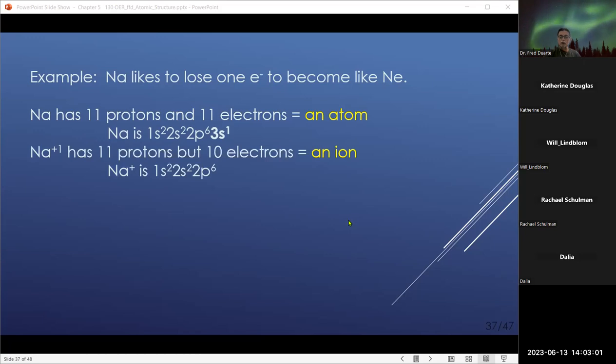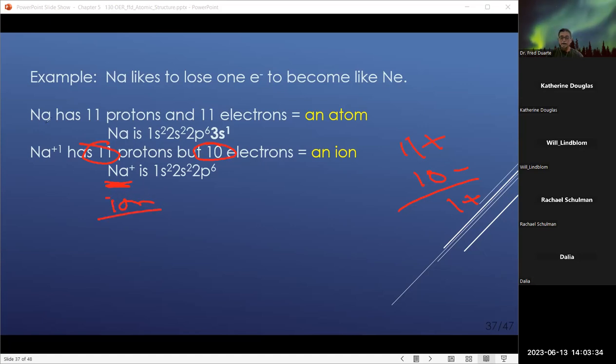Now, when it loses that one electron that's sitting there all by itself, it still has 11 protons, 11 positives, but now it has 10 negatives. So I've got 11 positives and 10 negatives. The difference is I have 1 positive left over, and that is the charge of the sodium ion.